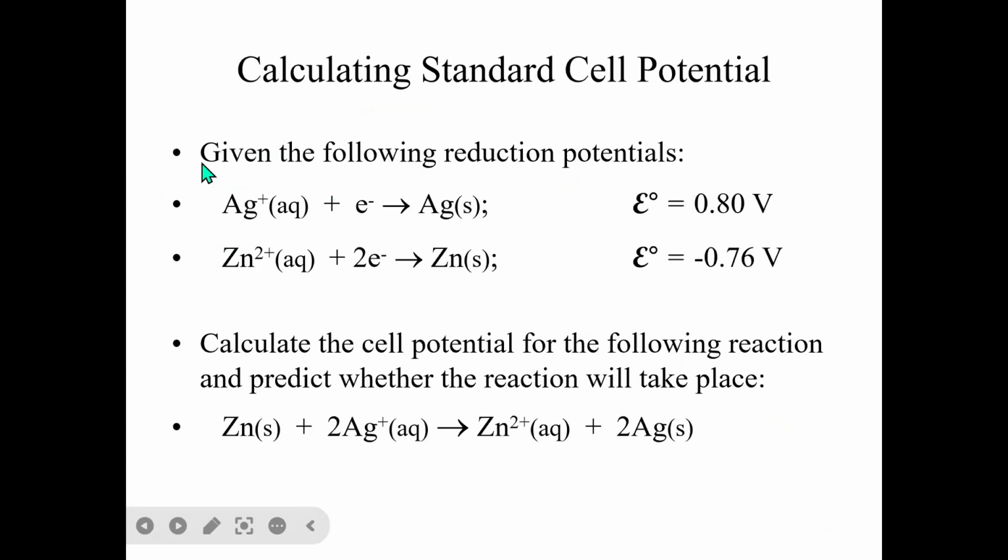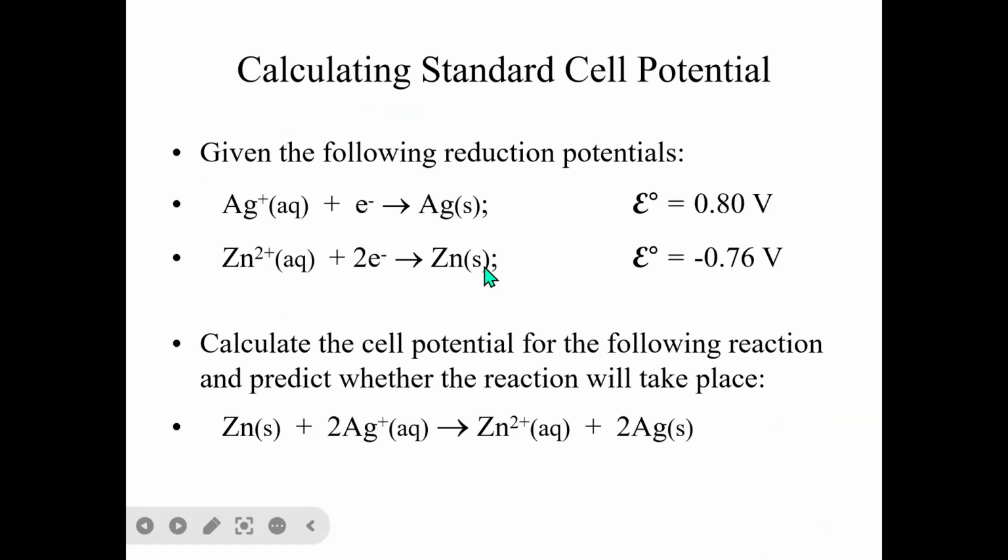So let's see here, we are given another example. So we have silver 1 ion plus electron to give neutral silver. And we have zinc 2 plus 2 electrons to have neutral zinc. So now let's understand which one undergoes oxidation and which one will undergo reduction.